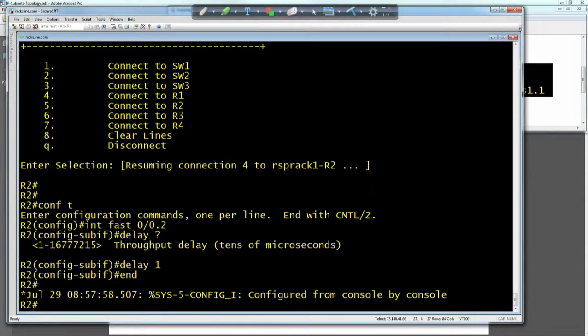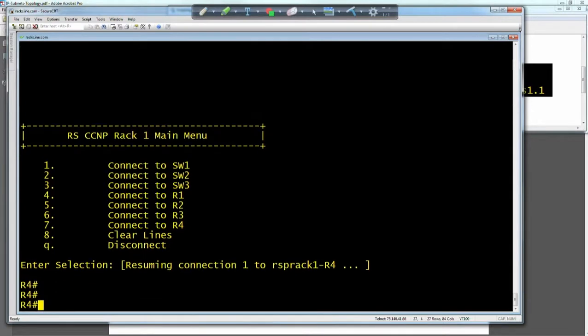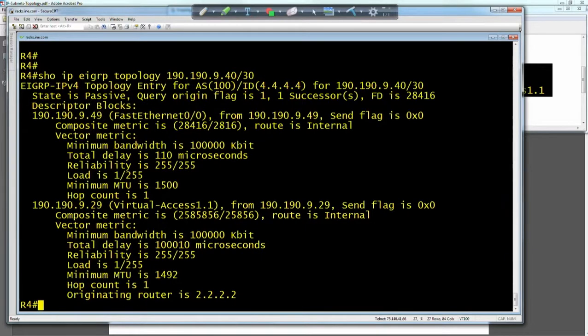Okay. Let's go back to router 4. Let's do the same command we did before right here. So we're looking at 9.40.